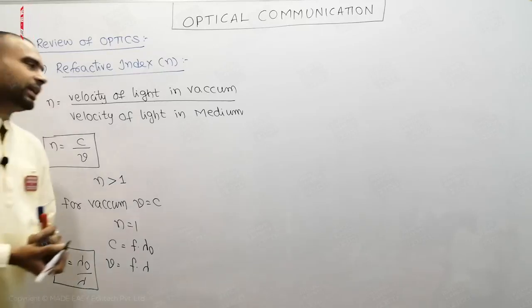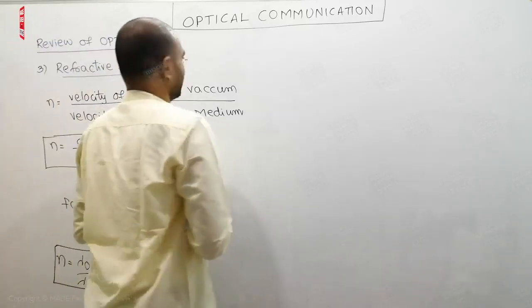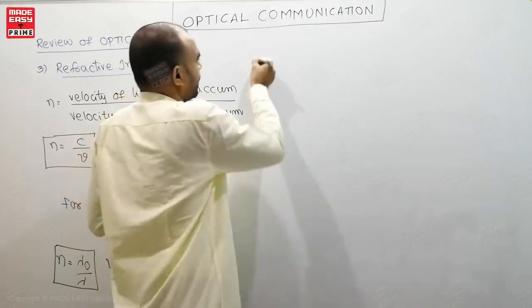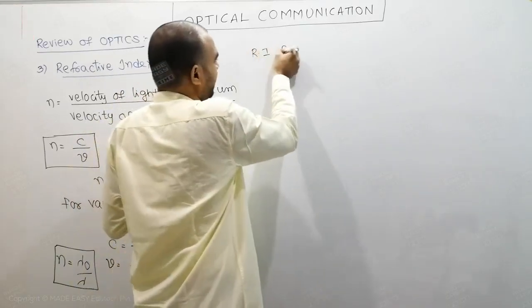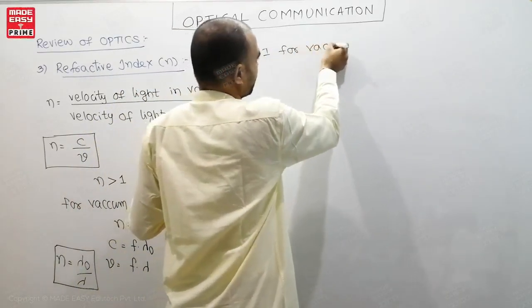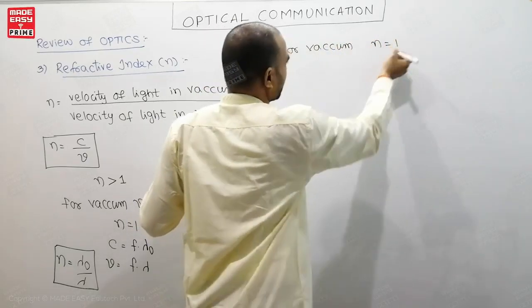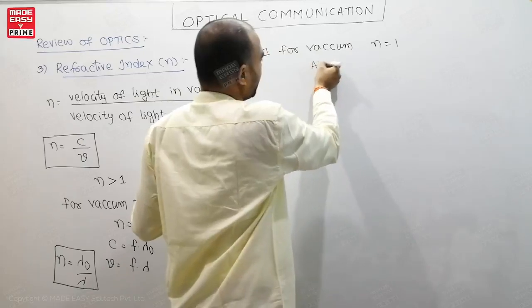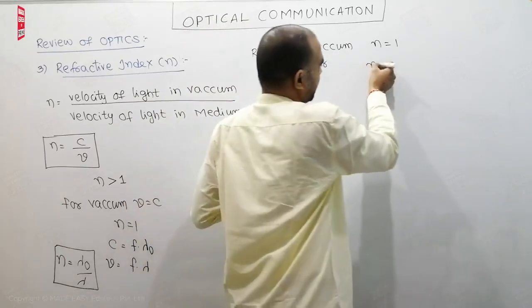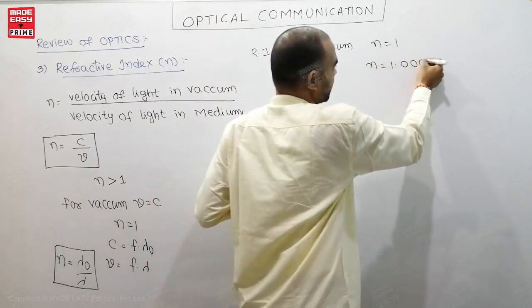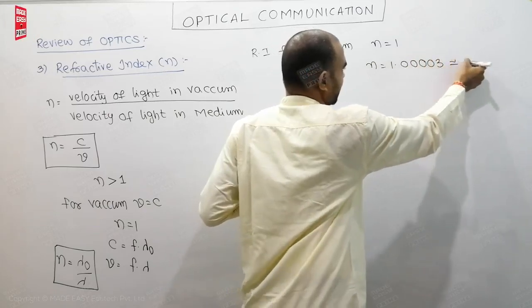For some of the materials, we can consider the refractive index. Refractive index for vacuum is n equal to 1. For air, n is equal to 1.0003, which is approximately equal to 1.